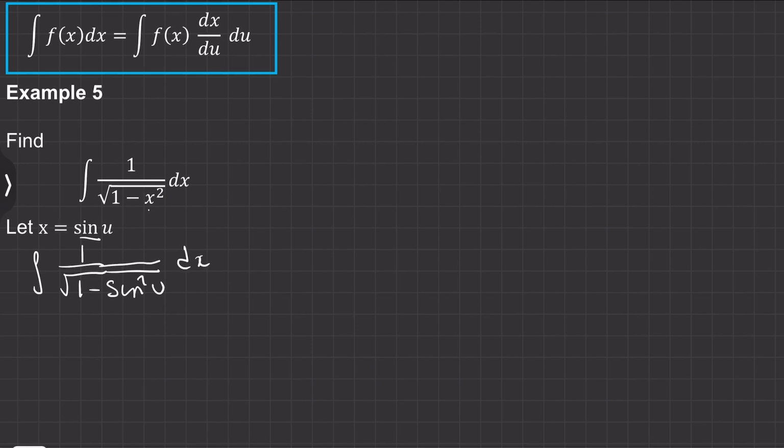Now we can simplify this expression using the trigonometric identity sine squared u plus cos squared u equals 1. So therefore, cos squared u will be equal to 1 minus sine squared u. And then we can substitute cos squared u back into our integral.